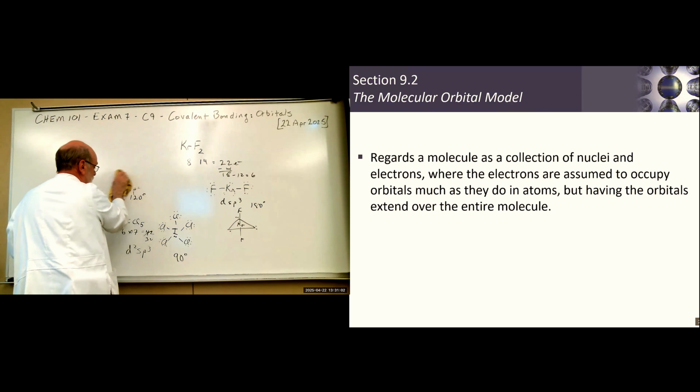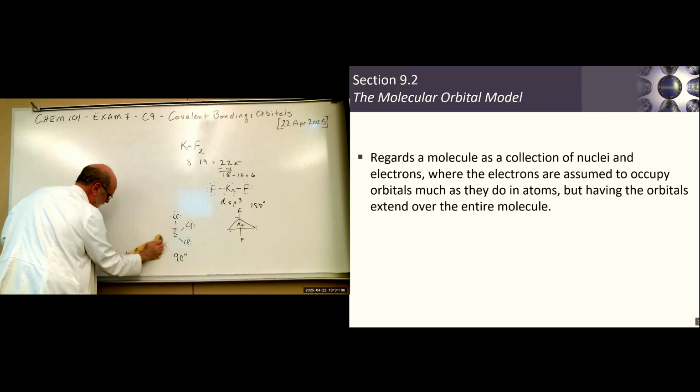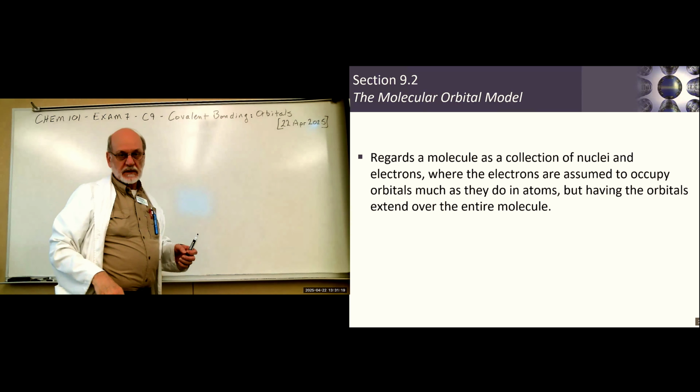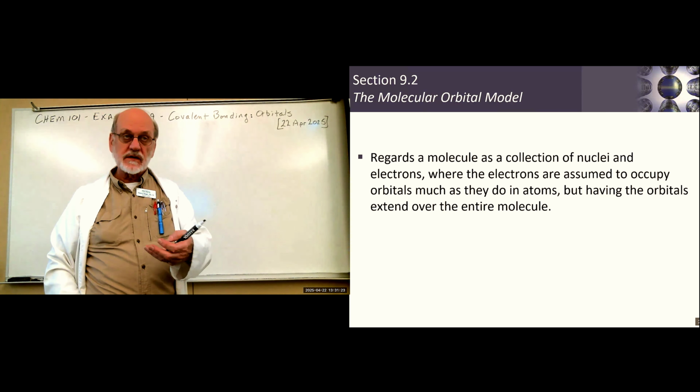So actually, we're done with the valence bond theory and the localized electron model and the valence shell electron pair repulsion models. And now we're going to progress in time to a new theory that actually does allow us to calculate energies, and it accommodates a sharing of electrons in a more socialistic way.